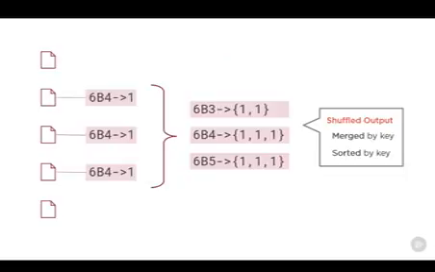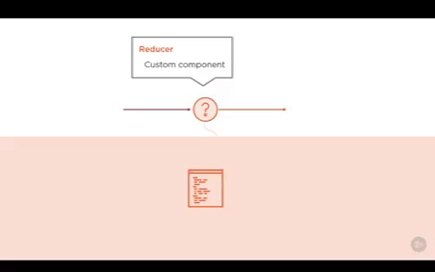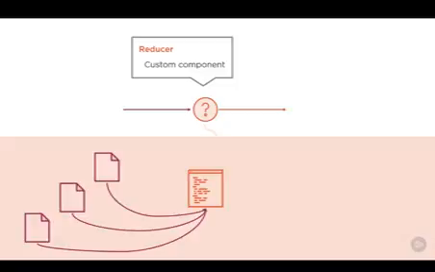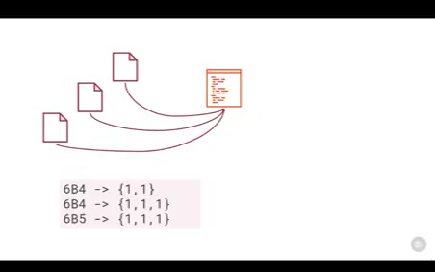the reduce phase. The reducer is another custom software component, a Java class or a console app, which receives the merged, sorted data and aggregates it to get the final output that you want to see. Logically, the reducer works in the same way as the mapper, reading input from Hadoop line by line, where each line is a key value pair.